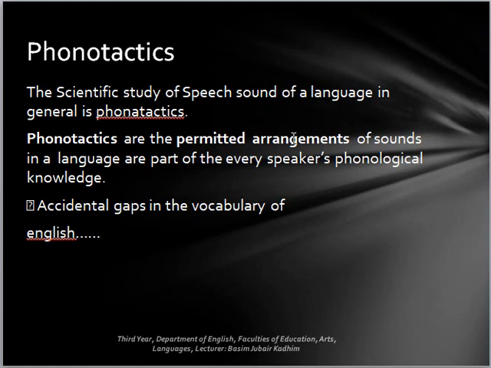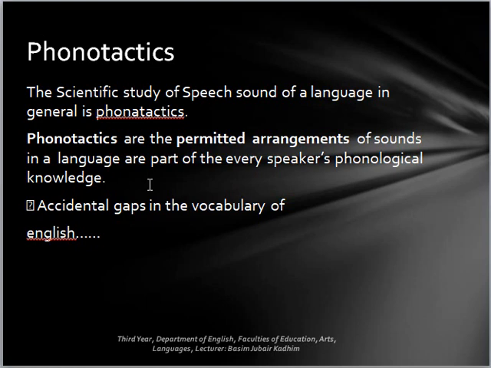For example, the word English. If we rearrange its sounds, is there any unit, or is there more than one unit to be yielded from this combination, or is there a new combination? Now, these are the constraints.